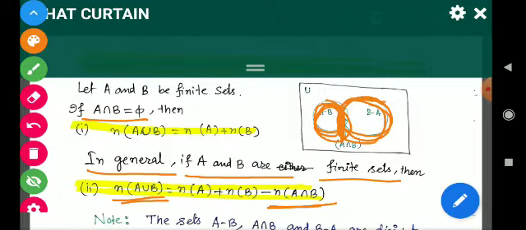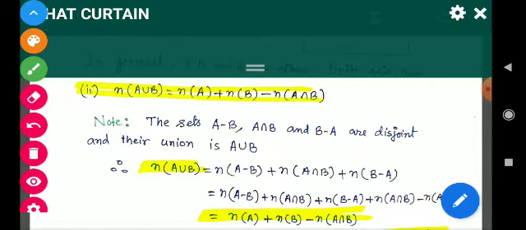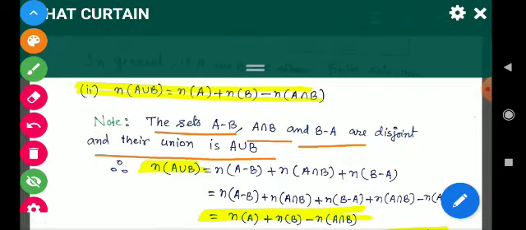So this is the reason we are writing this formula in this way. Now note that the sets A difference B, A intersection B, and B difference A are disjoint and their union is A union B.